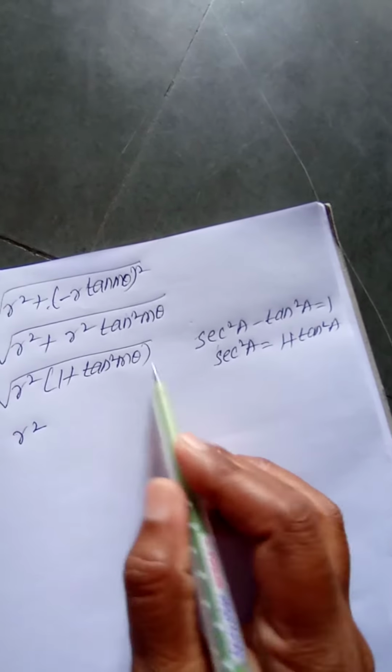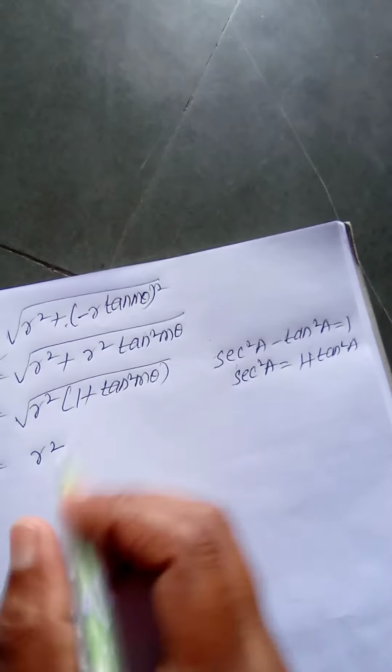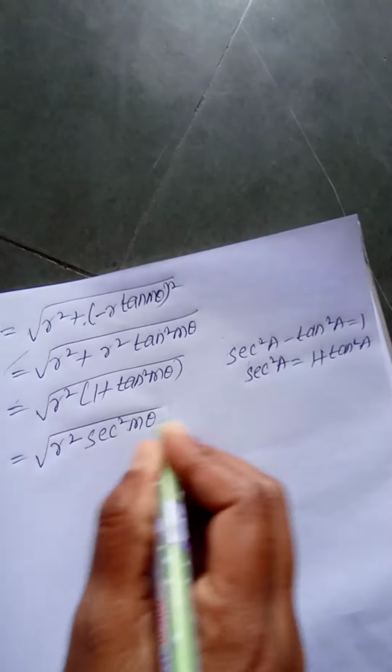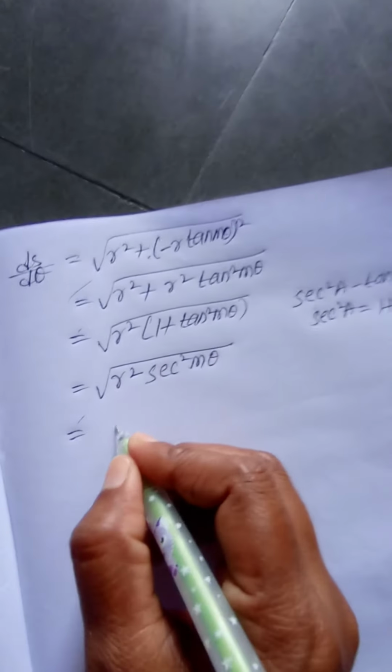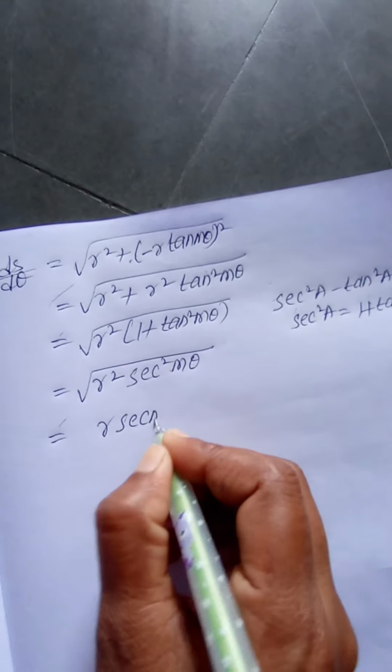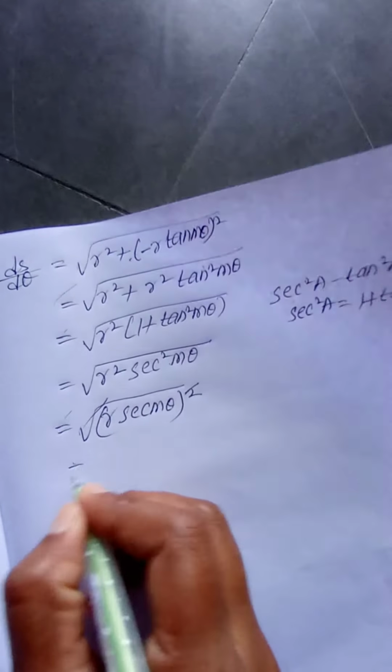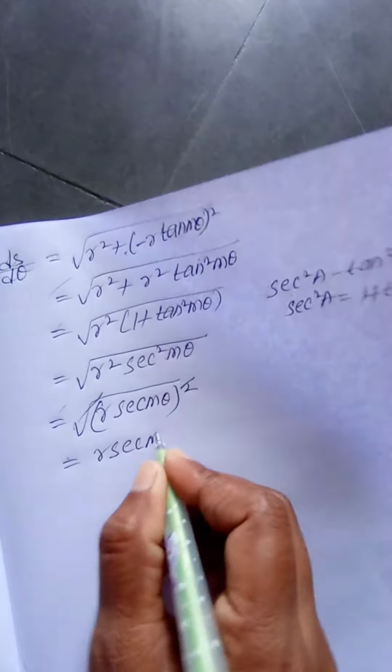So 1 plus tan square m theta is secant square m theta. This is written as r secant m theta whole square. So the square root gets cancelled, and we get r secant m theta.